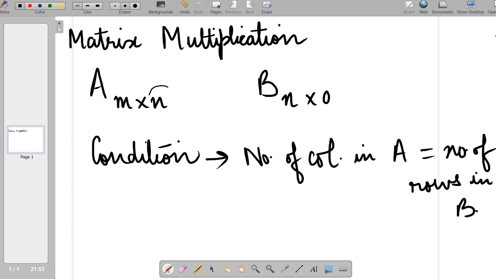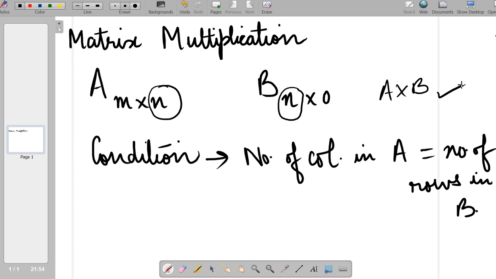In matrix A, n is the number of columns. In matrix B, n here is the number of rows. That means the number of columns in A and number of rows in B are equal. Therefore, multiplication can be easily performed.